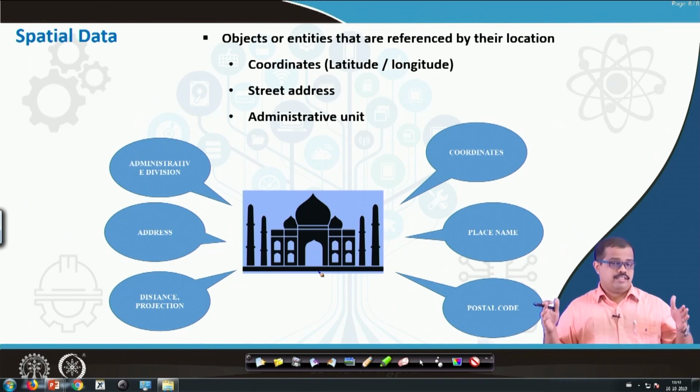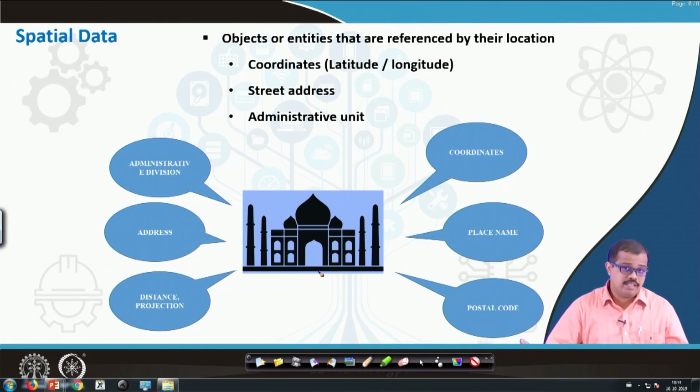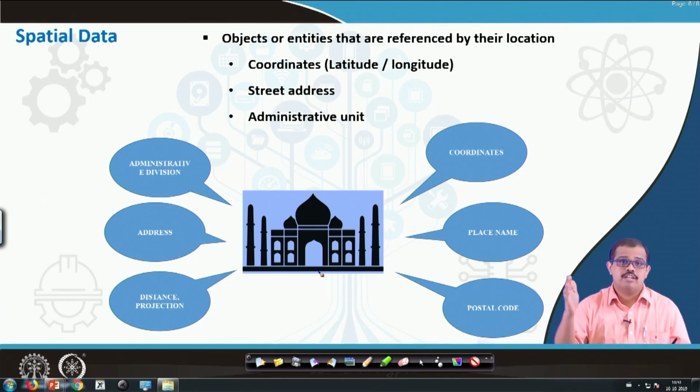When you say that Taj Mahal is located in such and such a place, you are defining the administrative location on the earth's surface. It becomes your spatial data. When you give a zip code or a postal code, or when you give coordinates, you are defining spatial data. So you are defining something geographically on the earth's surface.